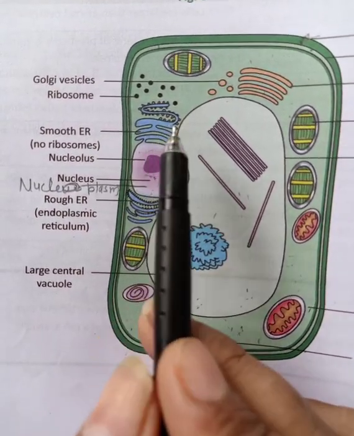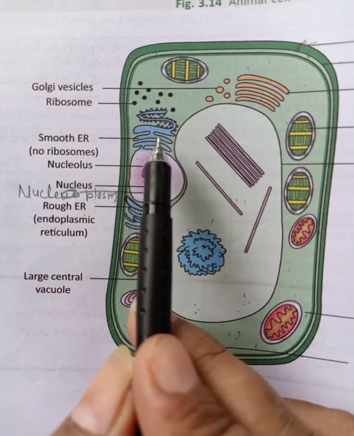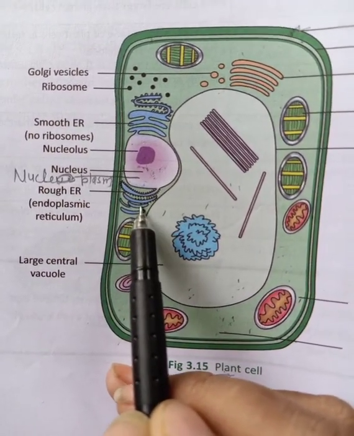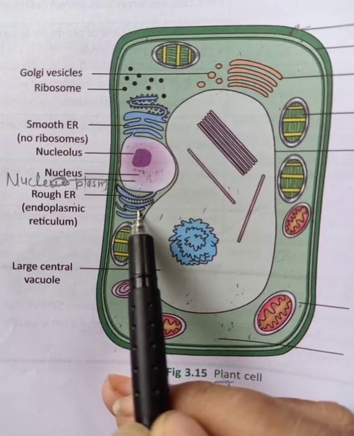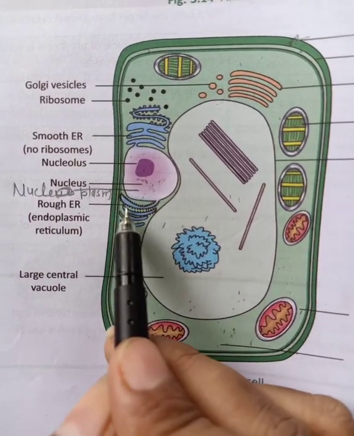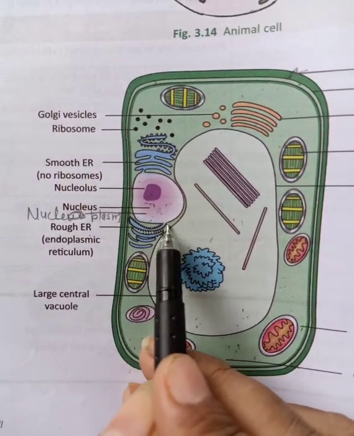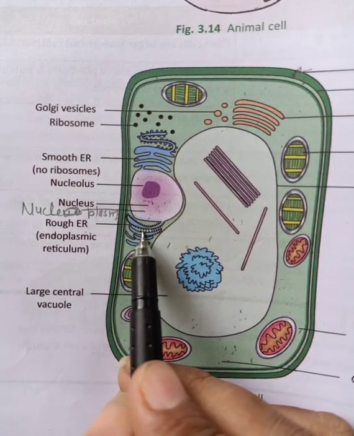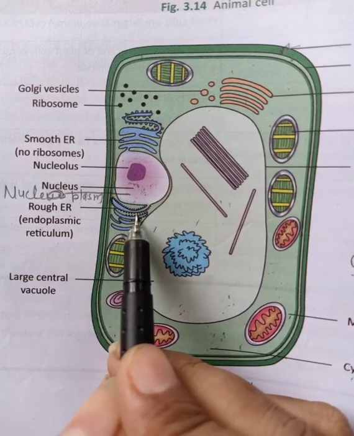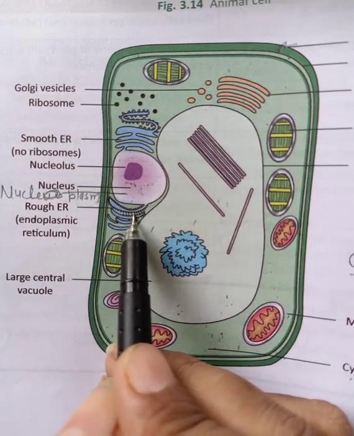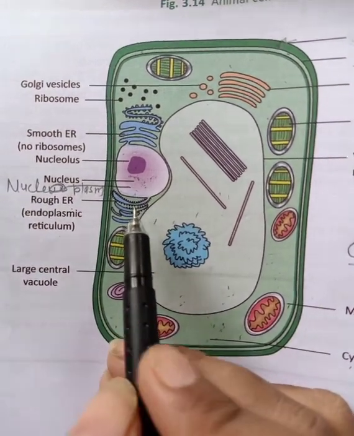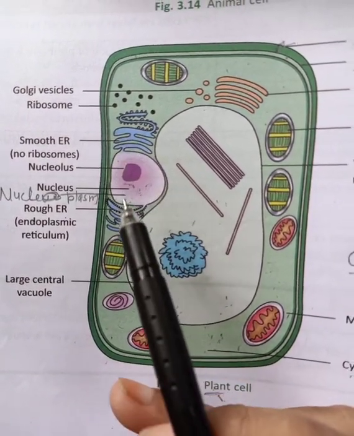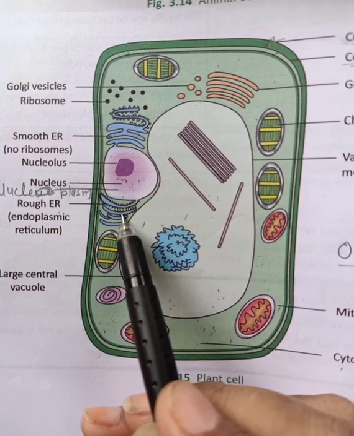Because these are the smooth endoplasmic reticulum and these are the rough endoplasmic reticulum. Why are they rough? Because on their outer wall they contain small granule-like structures called ribosomes. So we can say endoplasmic reticulums are of two types. One is smooth endoplasmic reticulum, another one is rough endoplasmic reticulum.